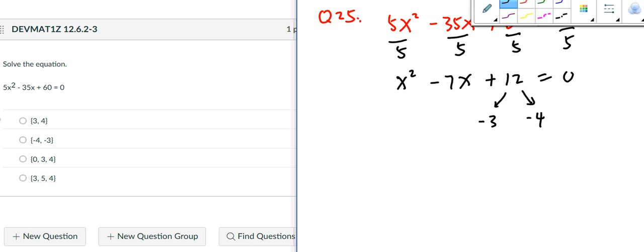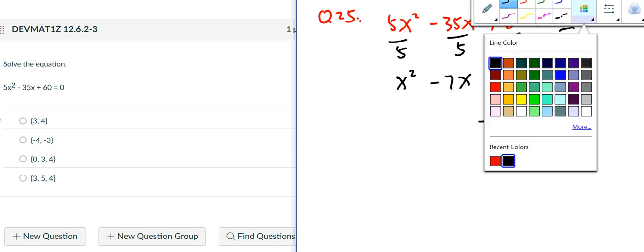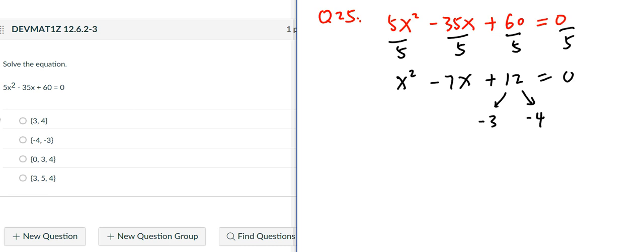And when you add those two numbers together, you have negative 7. So this will be the correct way to split 12. So then you have x minus 3, x minus 4 is 0.